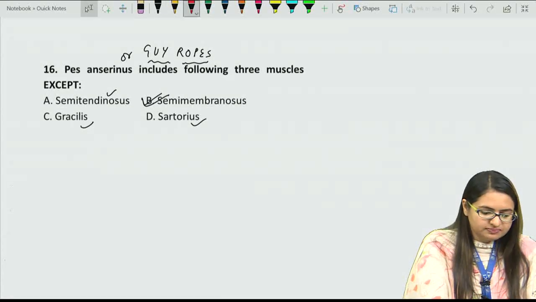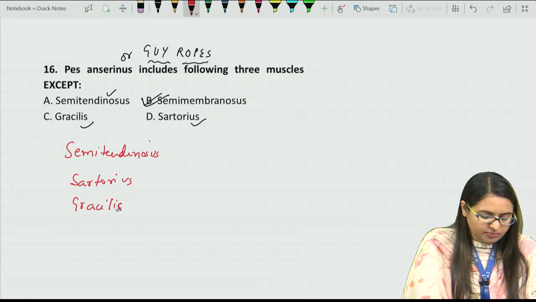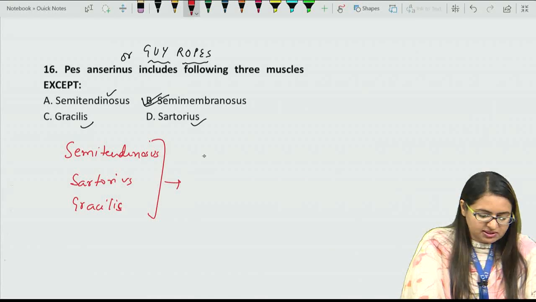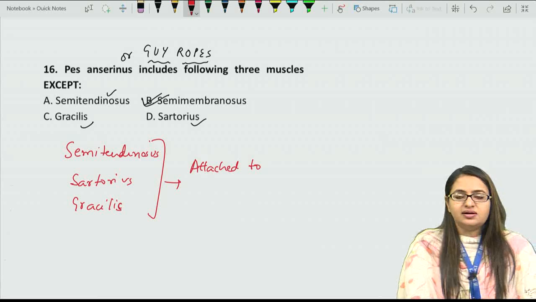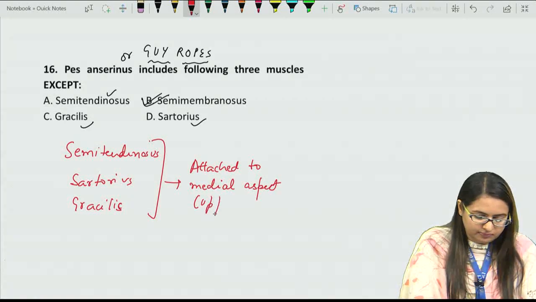All these three muscles, the semitendinosus, sartorius and the gracilis, are coming from the three compartments, and all three muscles are attached to the tibia, and specifically they are attached to the upper part of the medial surface of the tibia.